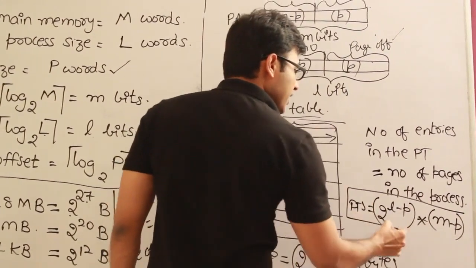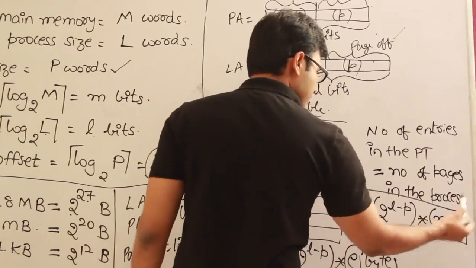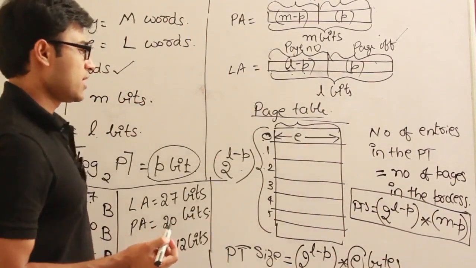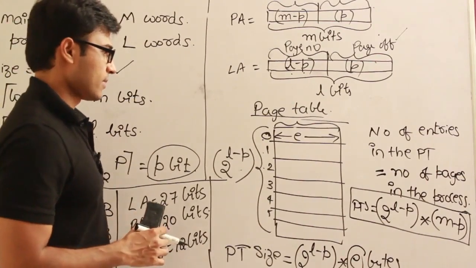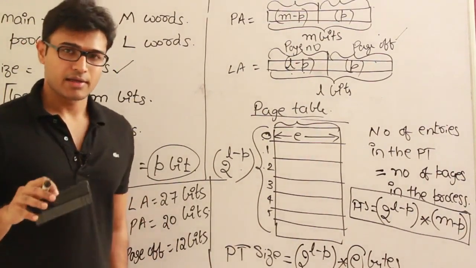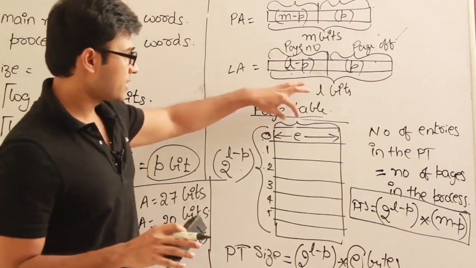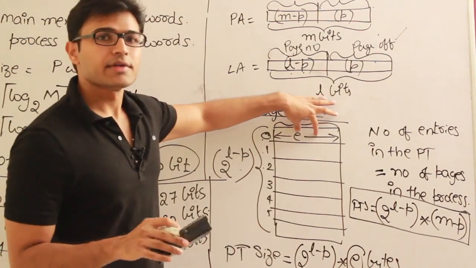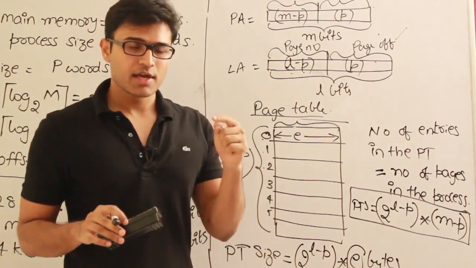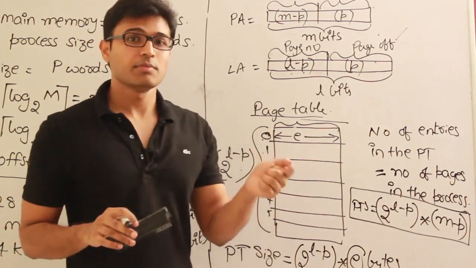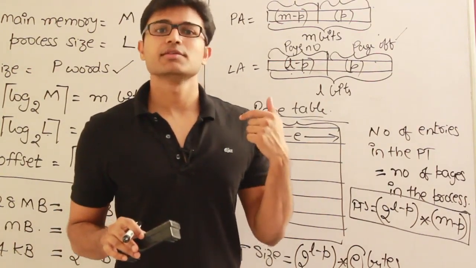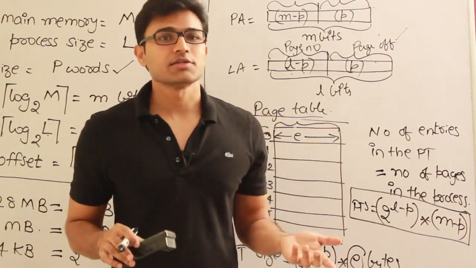So if they don't say anything about the entry size, then you can take this as the page table size. But the problem is, this is not actually true. In most practical cases, we don't just save the frame number inside the page table. Along with the frame number in which the page is present, we save even more information about the page itself, like whether the page is modified or not, whether the page is referenced or not, or what is the history of the page.